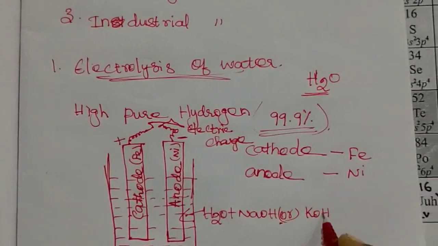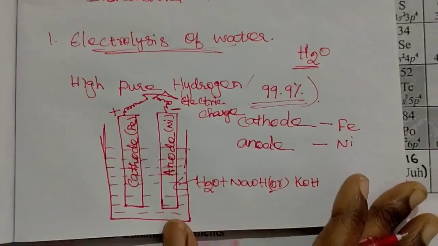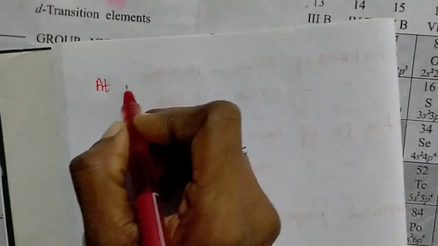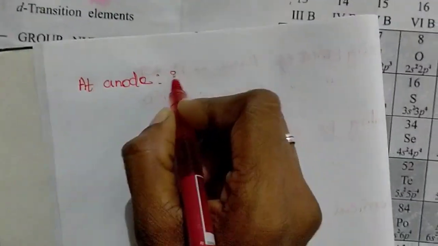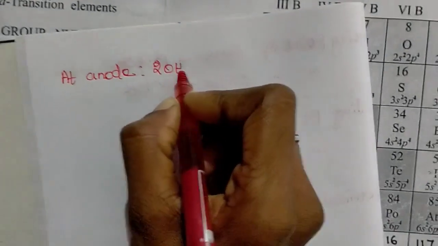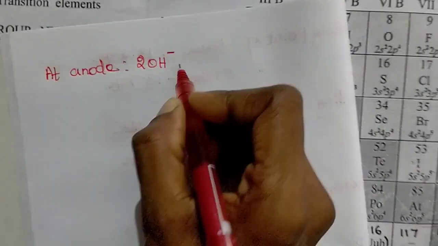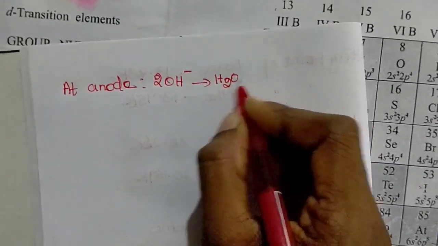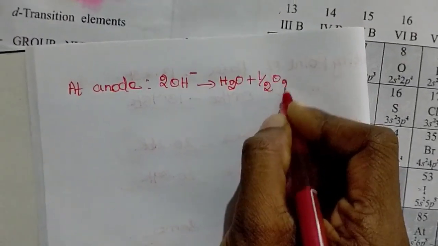Now the reaction which takes place at the anode: 2OH minus is converted into H2O plus half O2, donating 2 electrons.